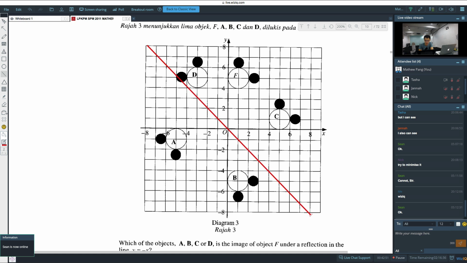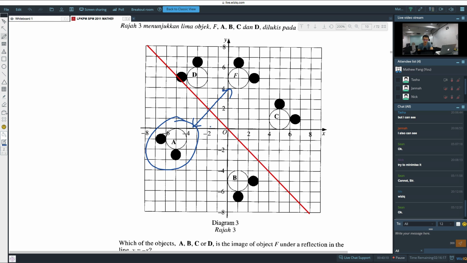So this is y equals negative x. The question asks which one of A, B, C, D is the image of F under this reflection? So obviously the answer will be A, because you can see F and A are basically reflections on the line y equals negative x.